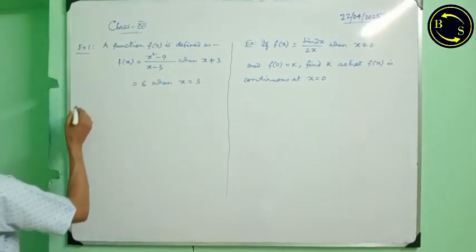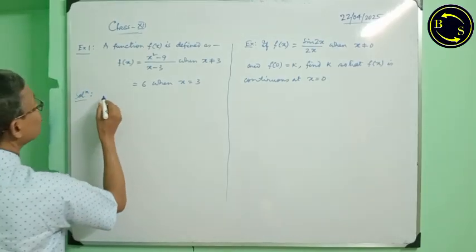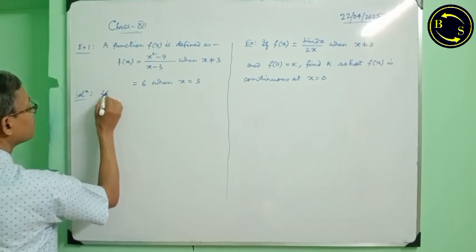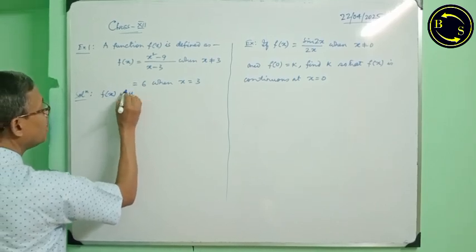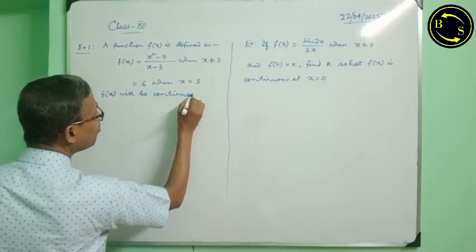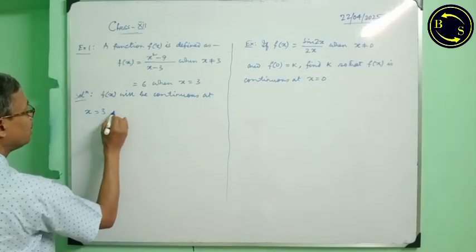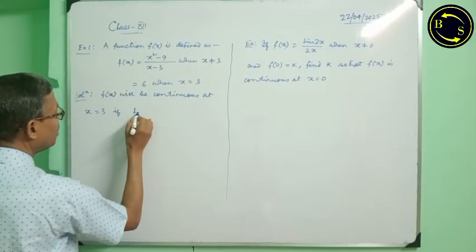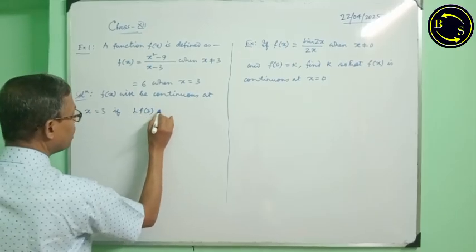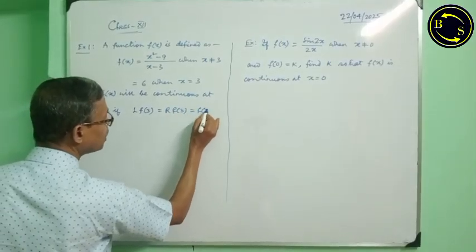For that, first I mention the condition. f(x) will be continuous at x equal to 3 if the left hand limit of f(3) is equal to the right hand limit of f(3), which is equal to f(3).